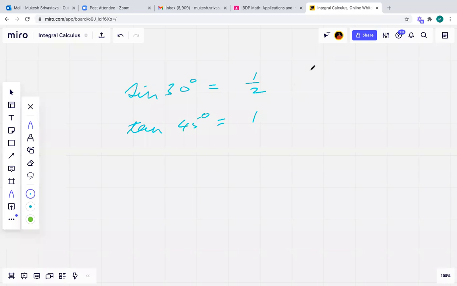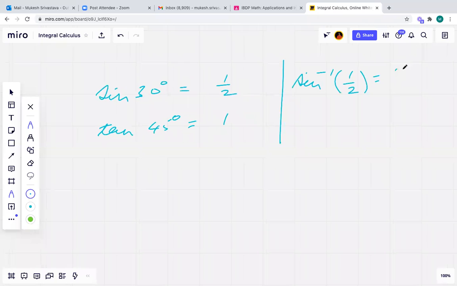Now the reverse of this would be sine inverse half is 30 degrees. Similarly, tan inverse of 1 is 45 degrees.